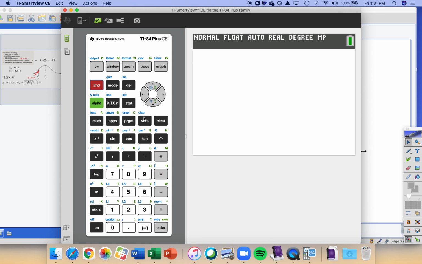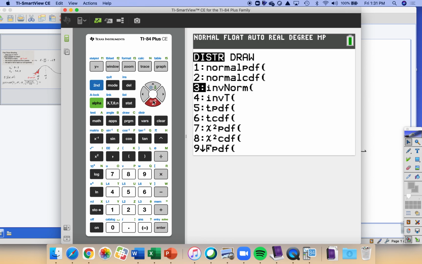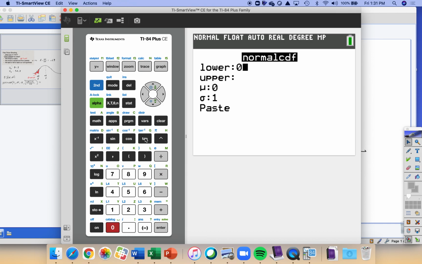Let's go ahead and use normal CDF, lower bound 0, upper bound 0.64, mean 0.8, standard deviation would be the square root of 0.8 times 0.2 divided by 50.